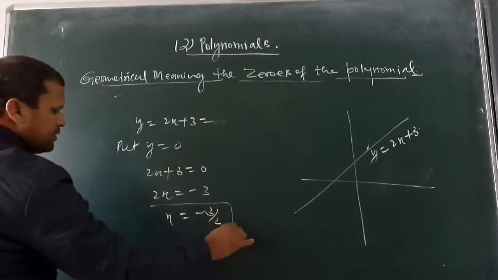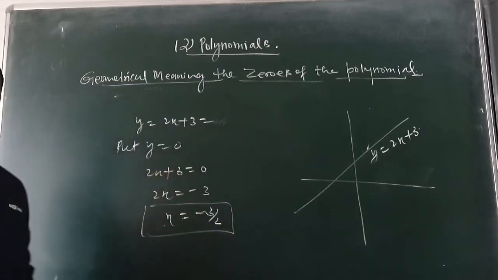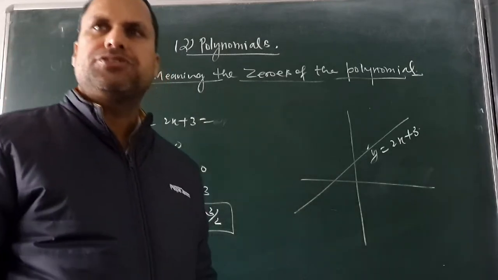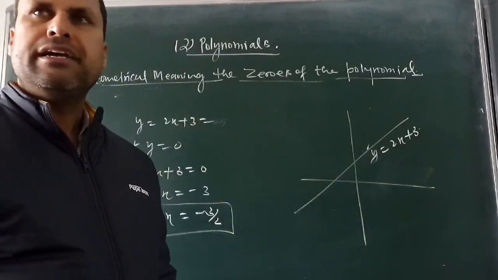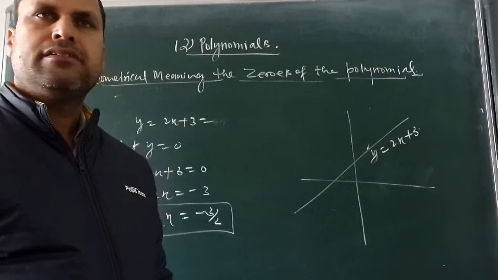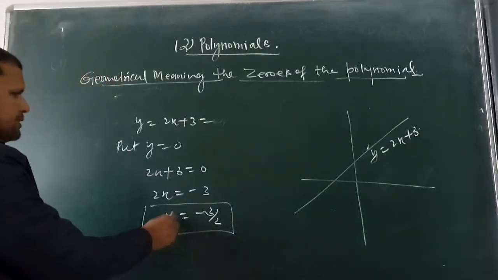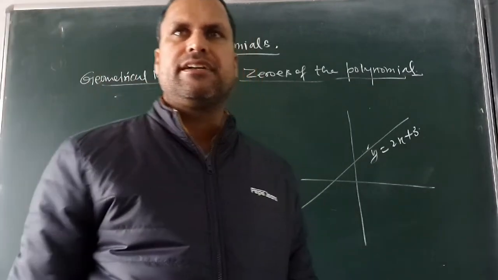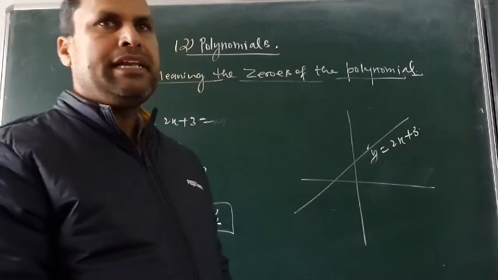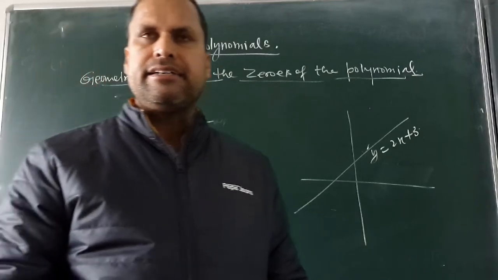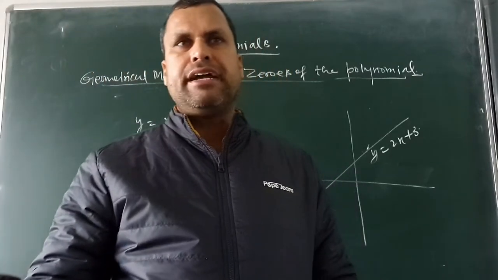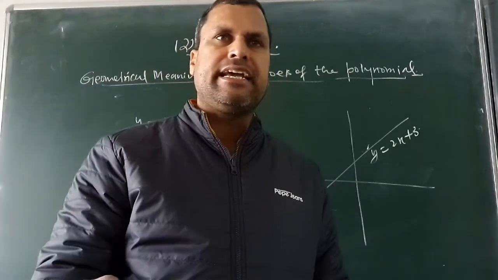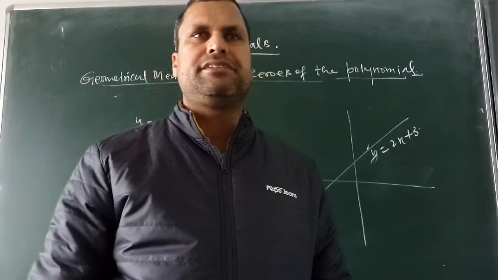So this is the zero of the polynomial. Okay? Since the degree of the polynomial is 1, there is 1 zero. And the geometrical meaning is that the graph of that equation intersects the x-axis at only one point.